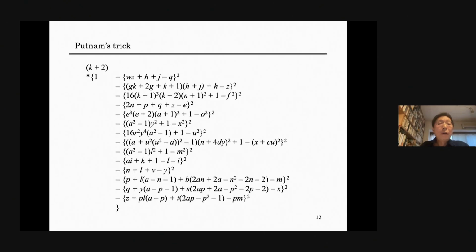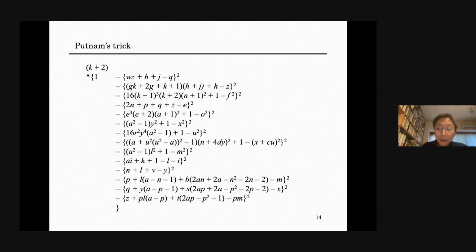The structure of this formula is called the Putnam Trick, which is a mechanism where this formula outputs a positive number if and only if all these 14 subformulas become exactly zero. It does not work.